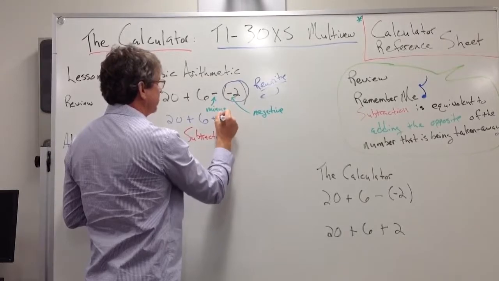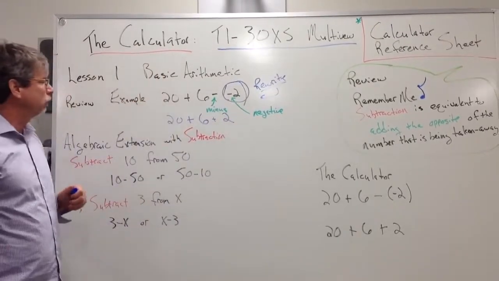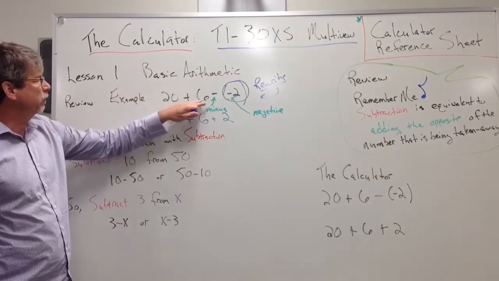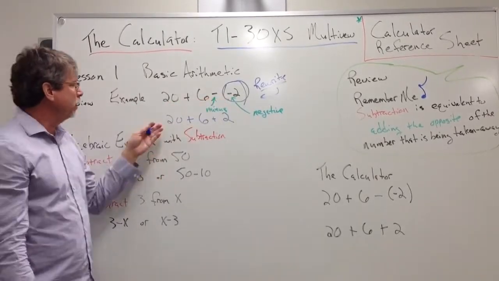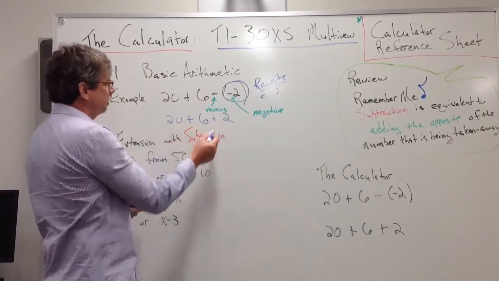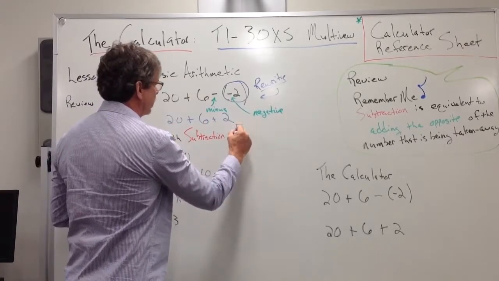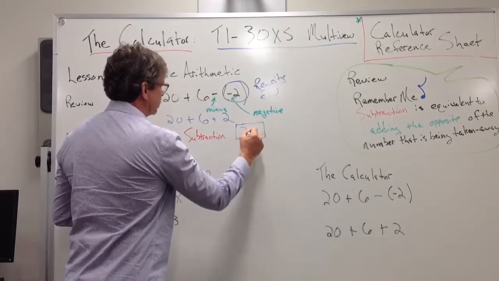And the opposite of a negative 2 is a positive 2. So instead of 20 plus 6 take away a negative 2, I'm allowed to rewrite this as 20 plus 6 plus 2. And 20 plus 6 plus 2 is 26 plus 2, which is 28. So that answer turns out to be 28.